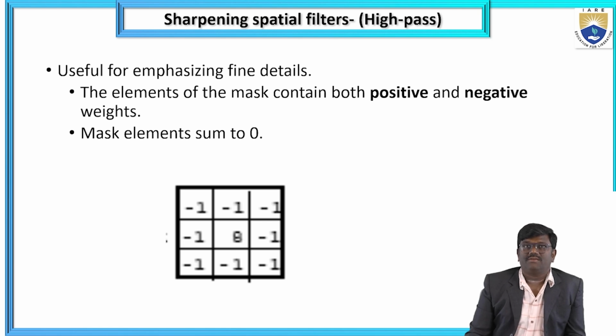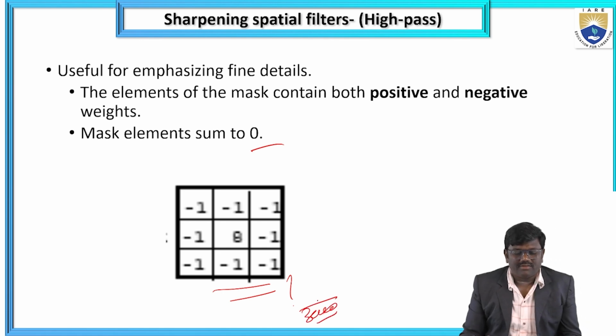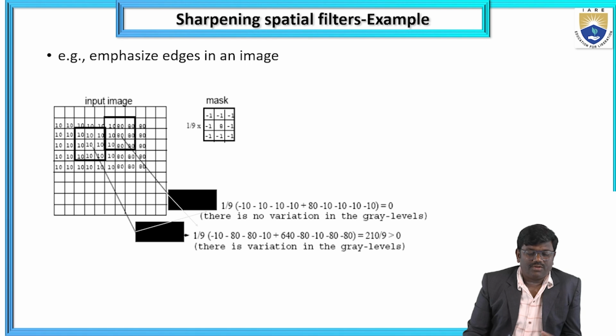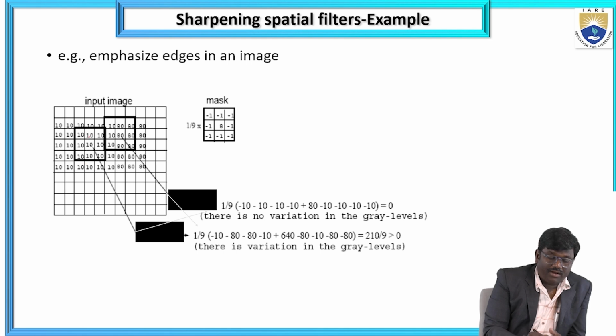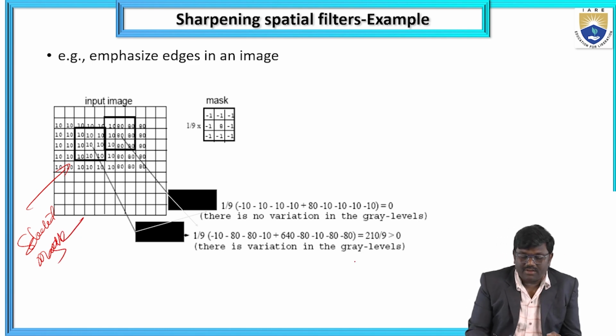The mask elements sum to 0. If we calculate this value as 0, then we understand the sign, positive or negative, and like that we find the required value. This emphasizes edges in an image, calculated according to the selected mask over the gray level values.